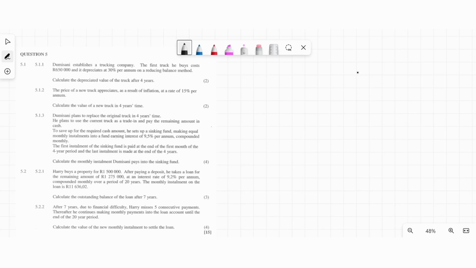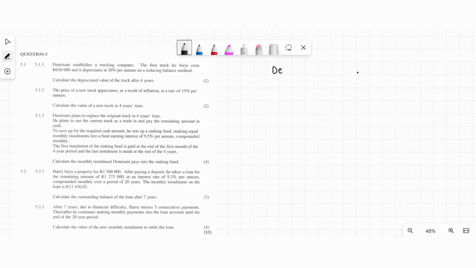So what do we need to know? We need to know the amount of the sinking fund. Basically, he needs to calculate the cost of the new truck after 4 years. What do we know? Due to depreciation, the truck depreciated by this amount.